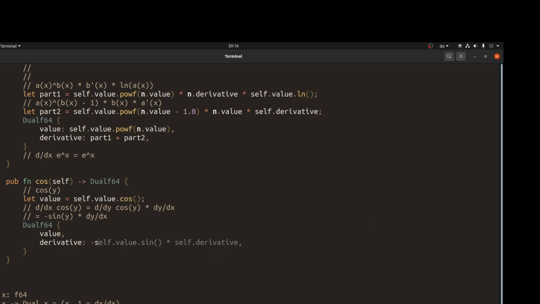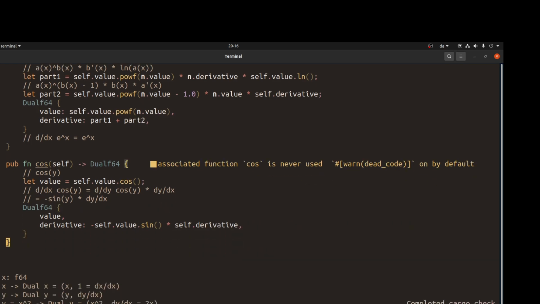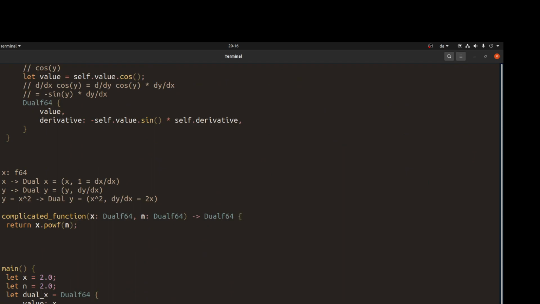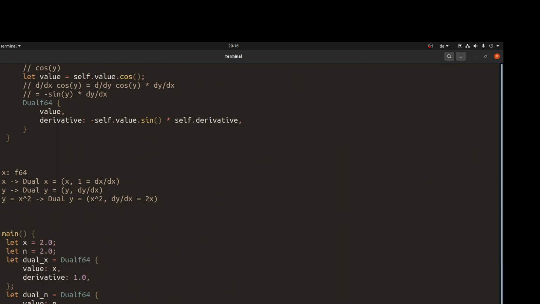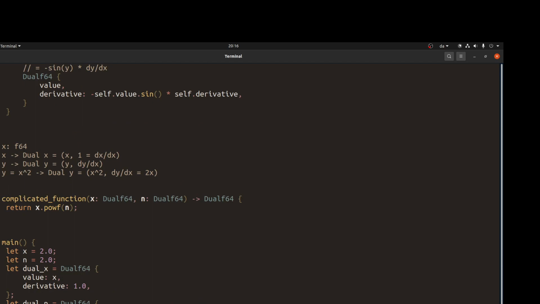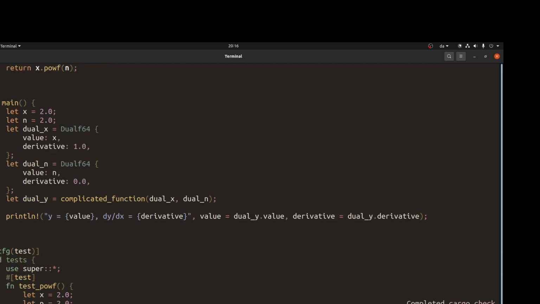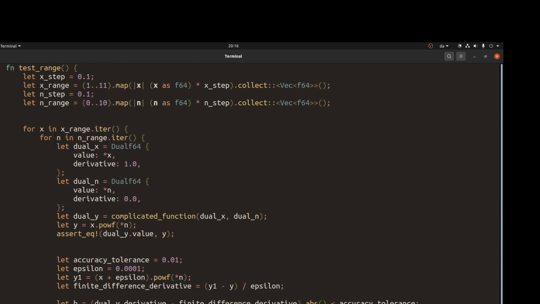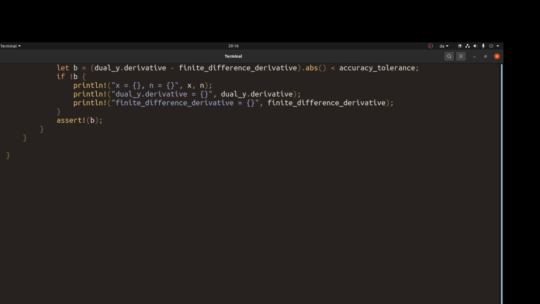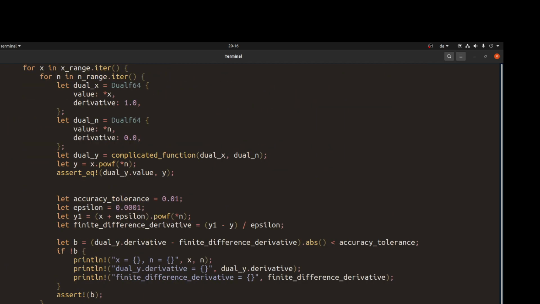So we can say minus self-value sine times self-derivative. Why don't we take this complicated one now? Well, we do some stuff here, so I guess that's okay. But maybe in future tests, we don't need to rely on a function defined up there.